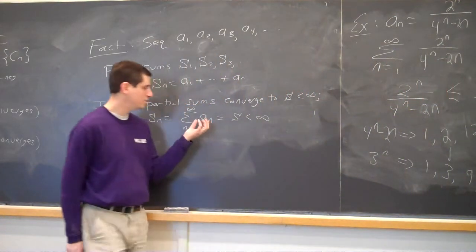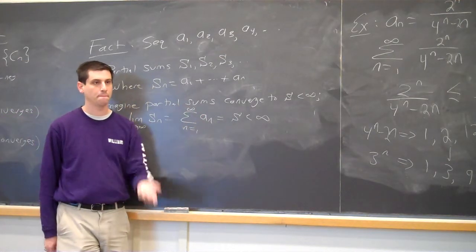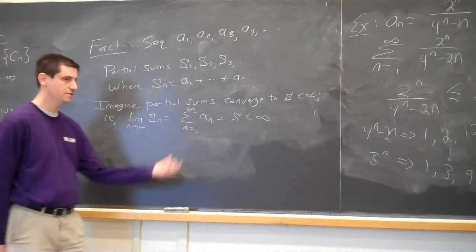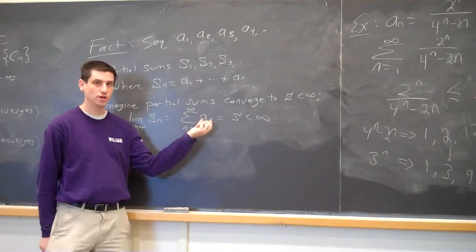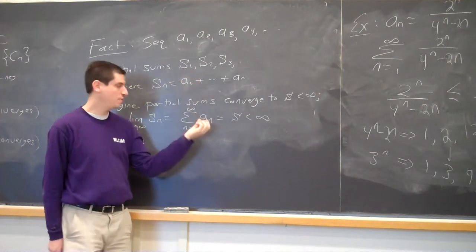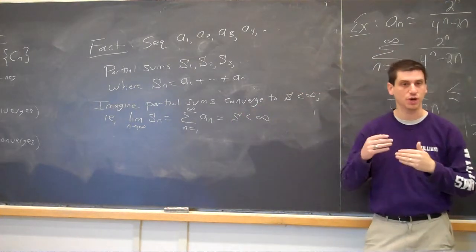Well, I'm saying the partial sums converge, so the sum of the An's converges. They get smaller and smaller until they eventually reach 0. They have to be getting to 0. Because if they were getting larger, my partial sums would be getting larger. Or if my An's alternated sign, then my partial sums would be alternating as well.